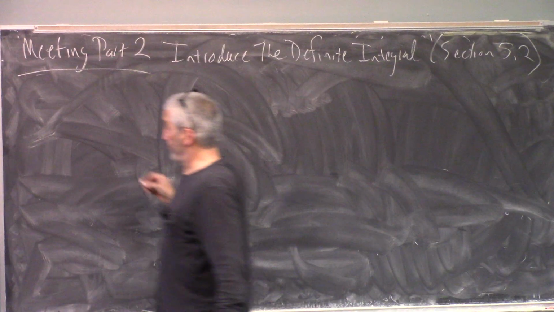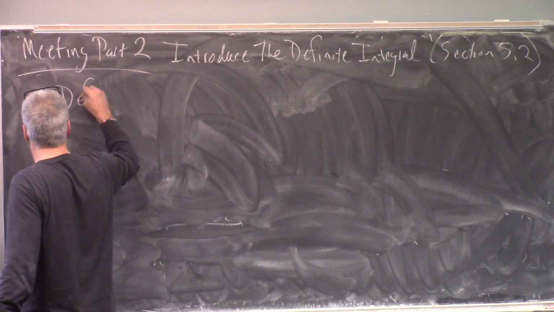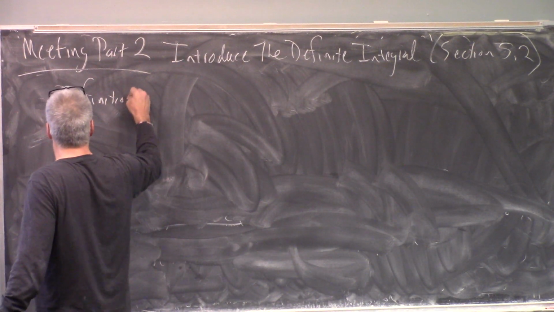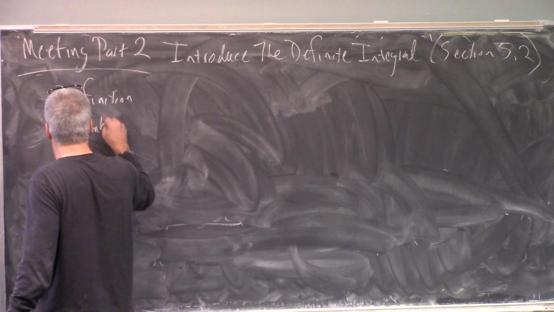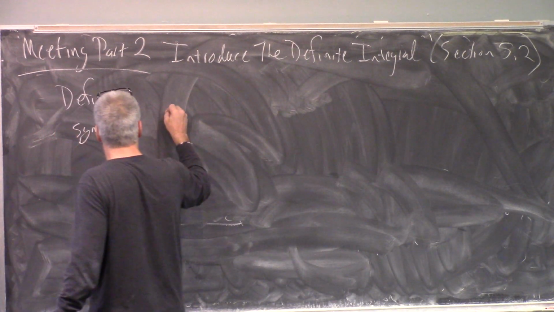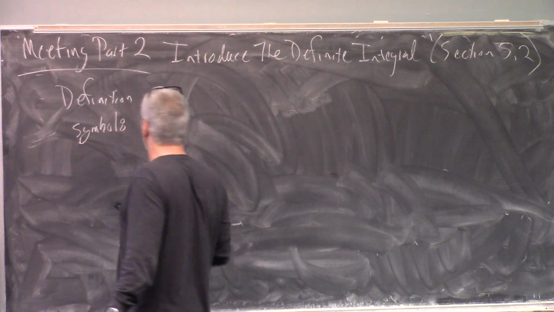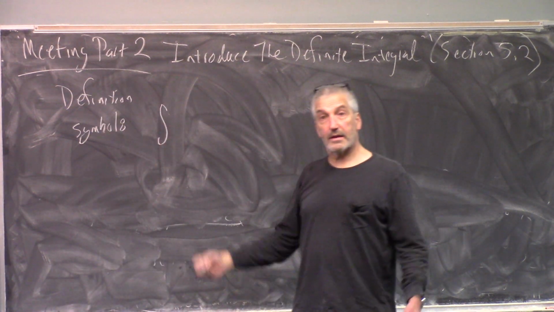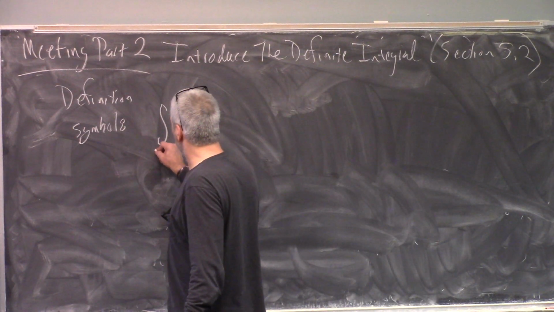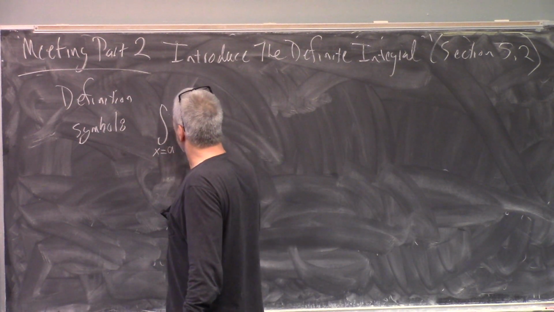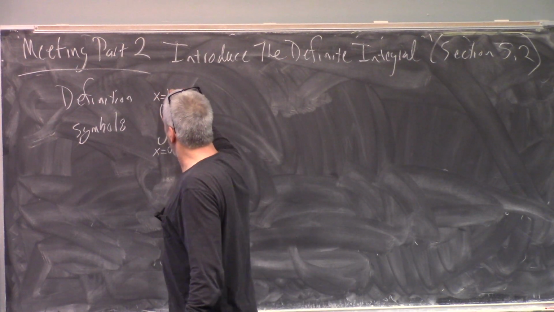So here's a definition. First of all, a really cool new symbol. It's a thing that looks kind of like a big S, because it is. It's a big S. And at the bottom of it, you have a decoration, x equals a, and above it, there's the decoration, x equals b.